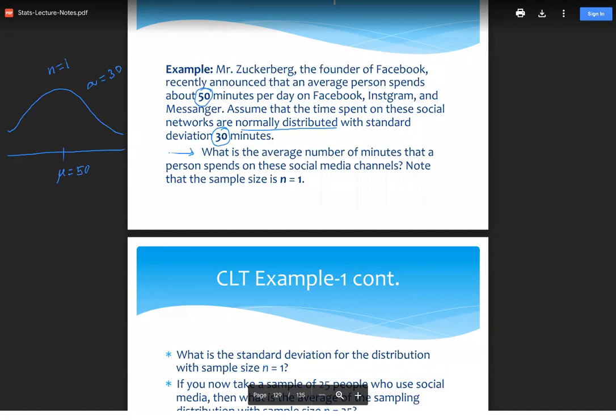Note that the sample size is 1. That means, which is given here, mu is equal to 50. What is the standard deviation for the distribution with sample size 1? That means, again, we are asking about the standard deviation of the population, which is given to be 30. So these are pretty straightforward and easy.